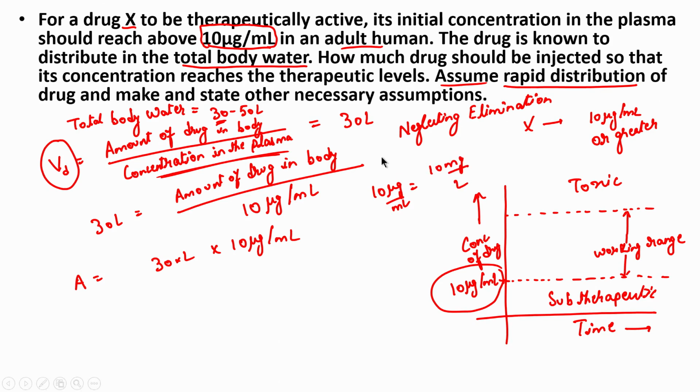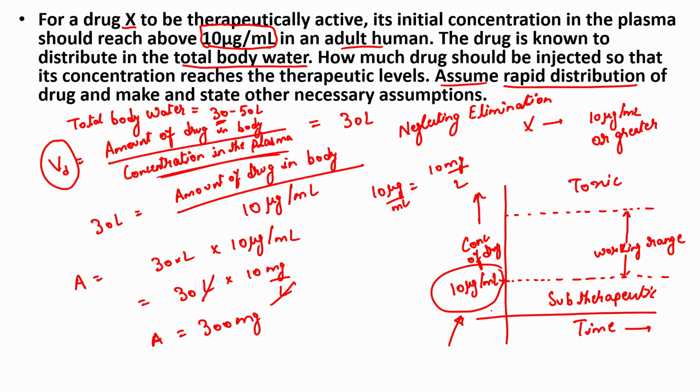All I have done is multiplied both sides by 1000, and then 1000 μg is 1 mg, and similarly 1000 ml is 1 liter. So, then we can say that this is 30 liters multiplied by 10 mg per liter, liter we can cancel. So, that will become 300 milligram. That will be the amount of drug that we will have to inject, and that will lead to the concentration of 10 μg per ml.